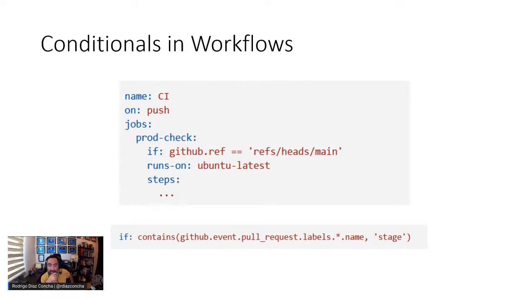So for instance, if we see the code on the screen, we can see that if github.ref equals a certain value, then it's going to execute. That's how you use conditionals in workflows, which is great because you can execute some steps and actions in terms of those conditionals, okay?